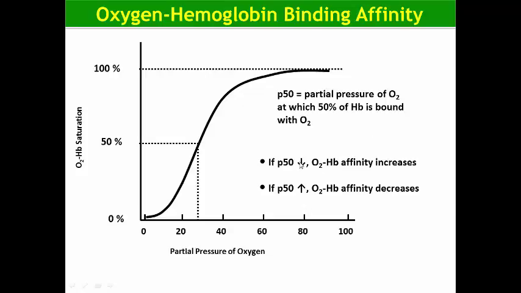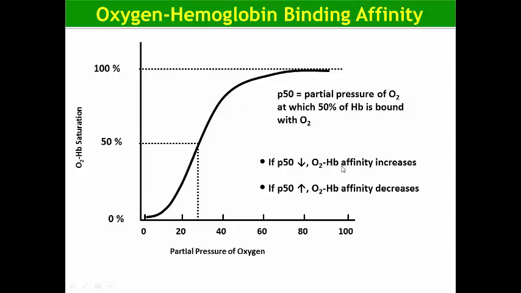If P50 decreases, the affinity of hemoglobin to bind oxygen increases. If P50 increases, the affinity of hemoglobin for oxygen decreases.